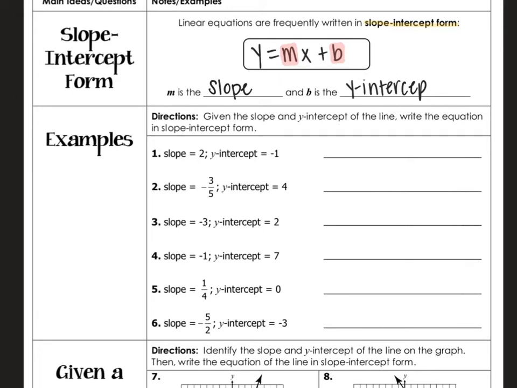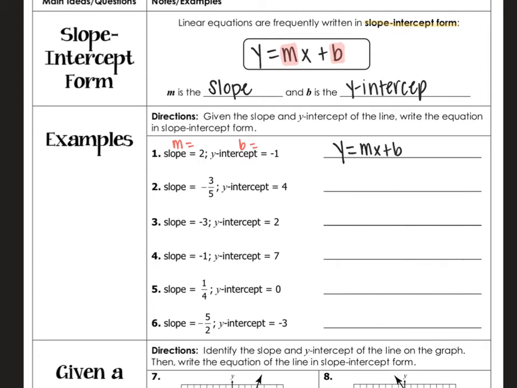Given the slope and y-intercept, write the equation in slope-intercept form. So slope-intercept form is y equals mx plus b. So remember, m is our slope and our y-intercept is b. So let me write this down. y equals mx plus b.